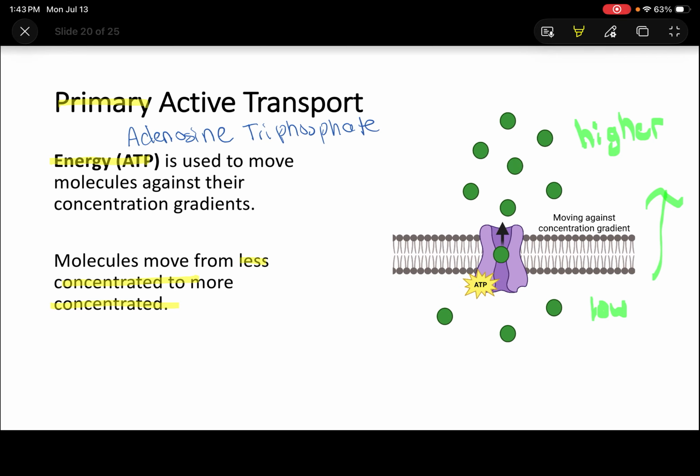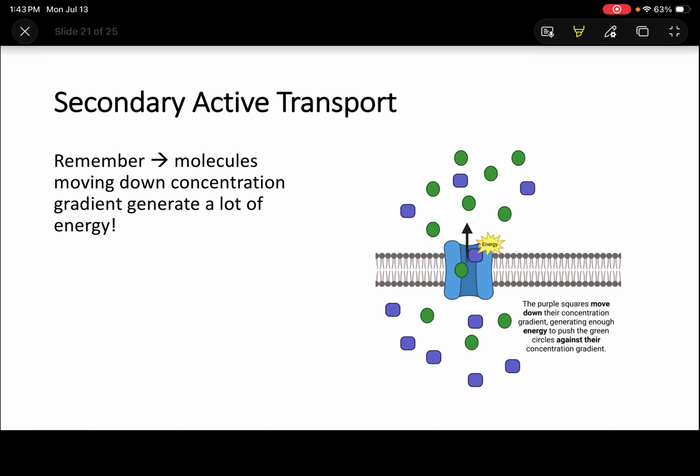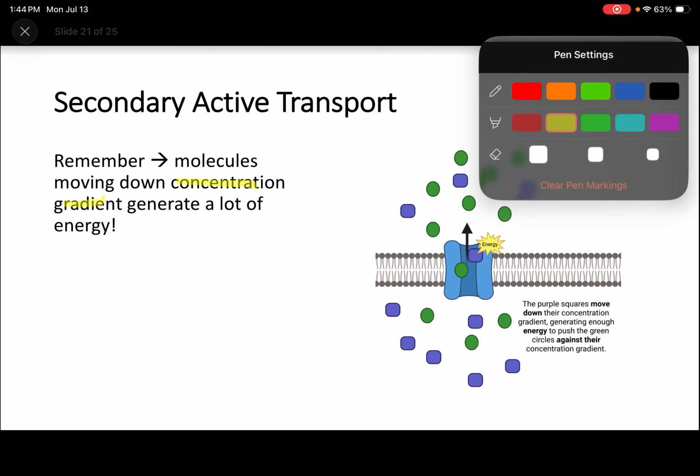Now the second type of active transport can be a little bit harder to understand. If this one's called primary, the next one is called secondary. So if you remember back when you started talking about diffusion and the movement of molecules across membranes, one of the things you learned is that when molecules move down their concentration gradient, this actually generates energy.